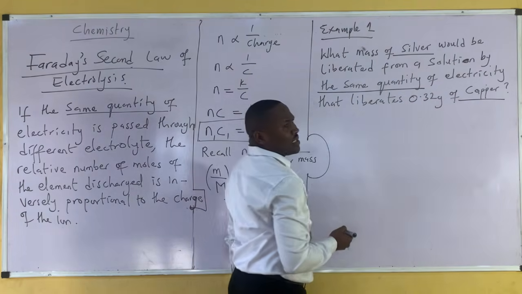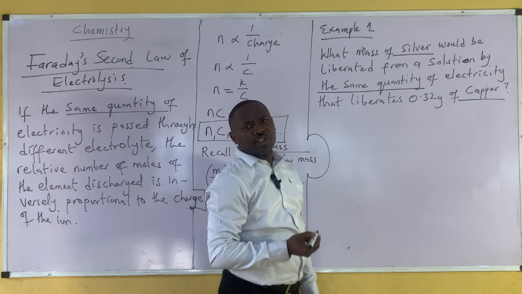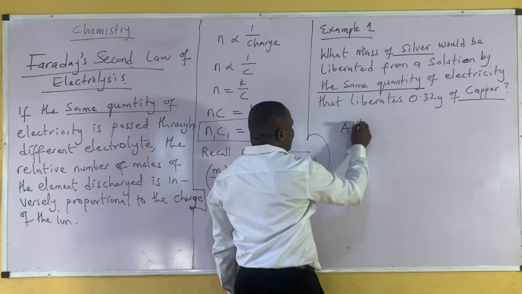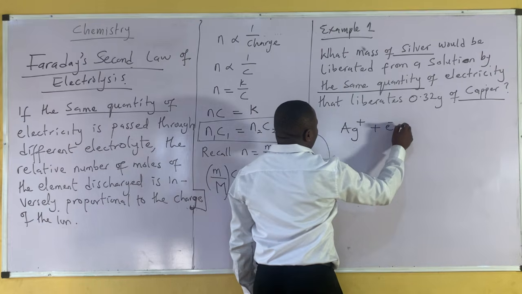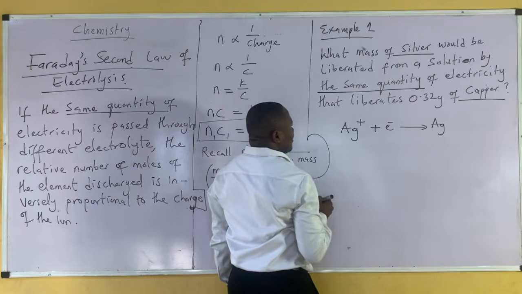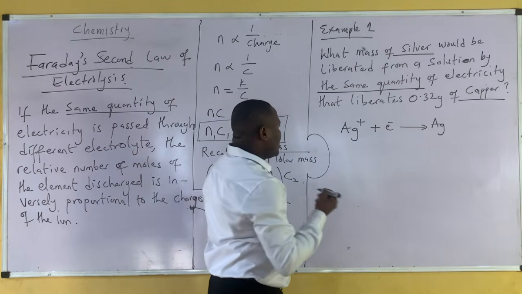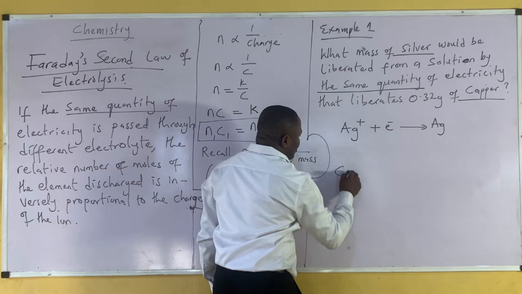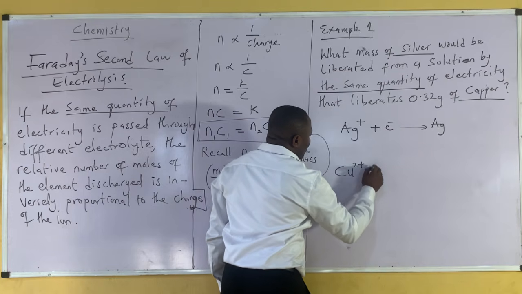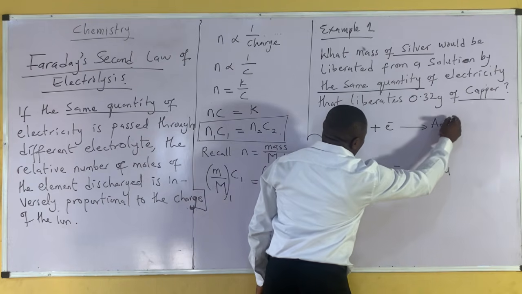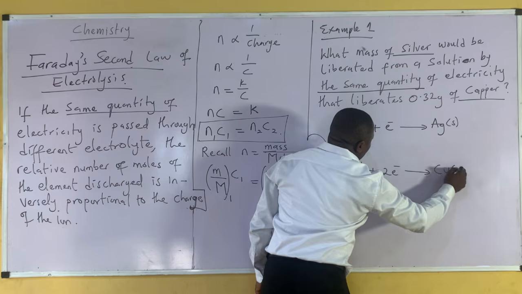Now, what is the half cell reaction of silver? It is Ag+ + e- to deposit Ag. What about for copper? It is Cu2+ + 2e- to give you Cu. So this is the solid, this is the solid.